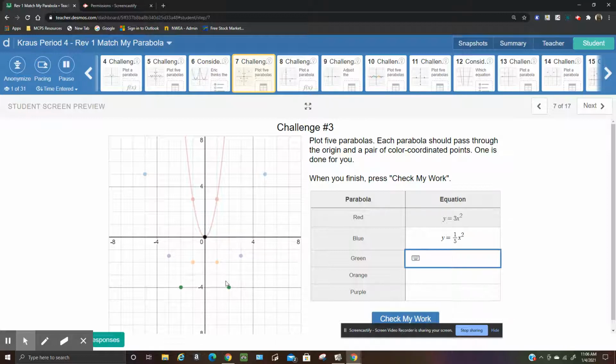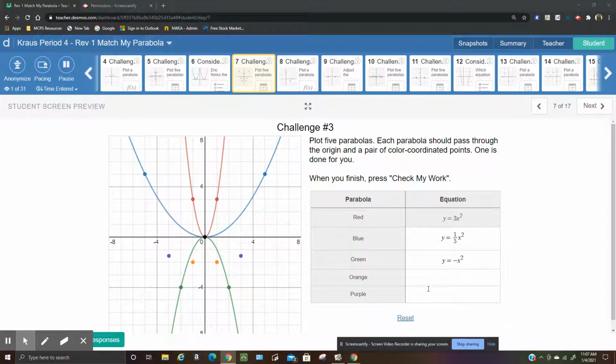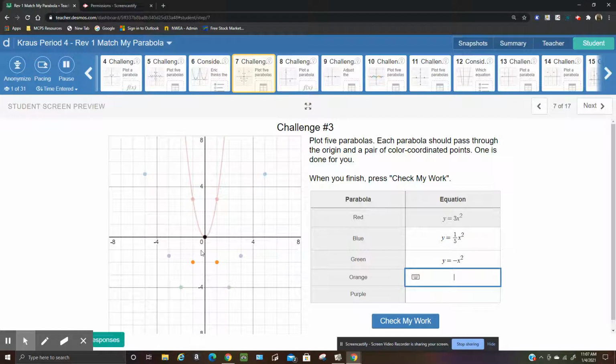Go over 2 and down 4, so my a value, 2 squared is 4, would be negative 1 there: negative x squared. And then the orange one, go over 1 and down 2, so twice as many, so negative 2x squared.